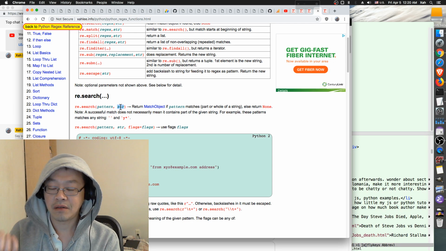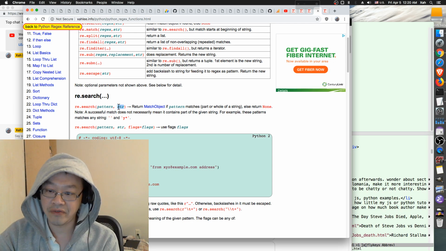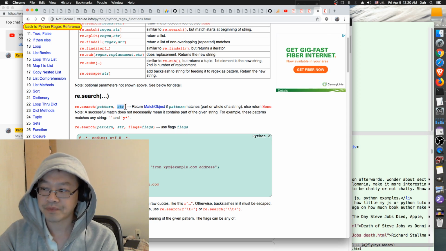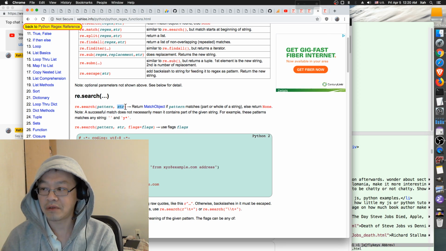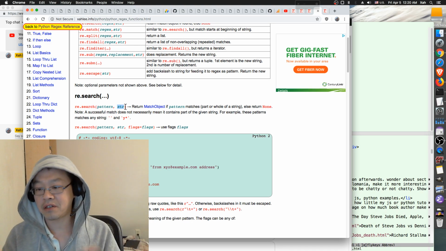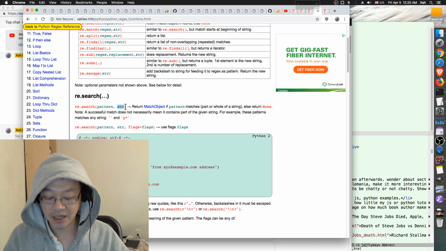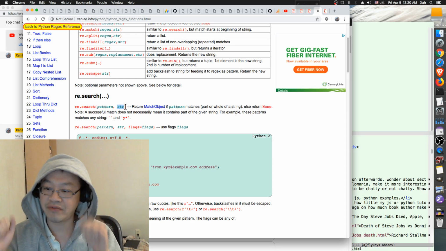So basically, it checks if the pattern is in a string. Now, however, if you know regular expressions, there are flags in basically all regular expression implementations, in any language.